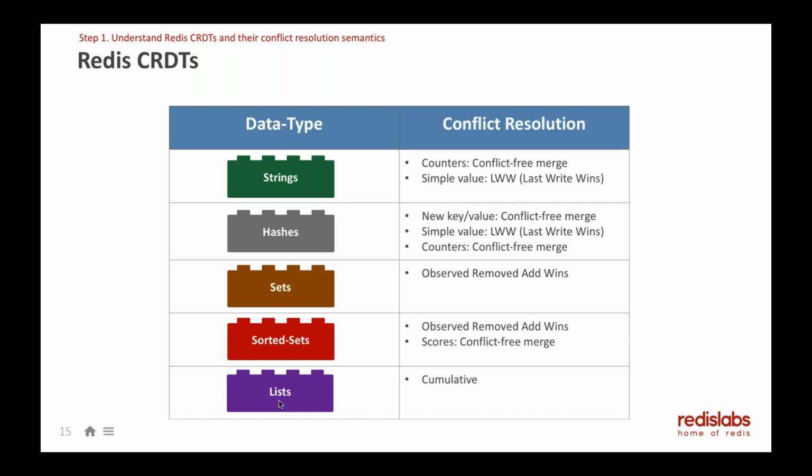Can I create active DB model using replica of feature? Very good question again. Replica of is a feature where you have only one active database, and you can have multiple replicas, and the replicas are only read-only, so you cannot write to a replica.